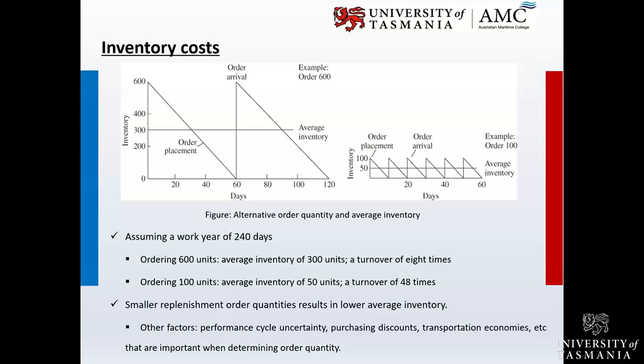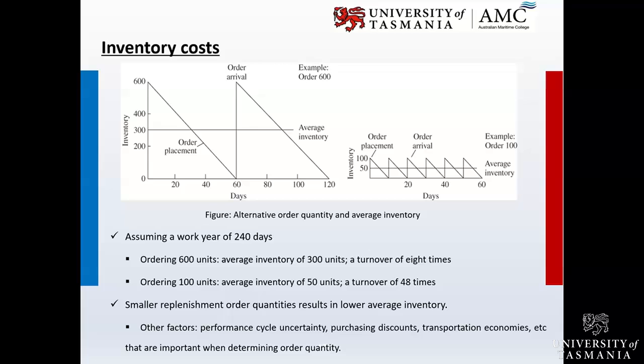And the average inventory is 300. So the turnover will be 2400 divided by 300, so it will be 8. So the turnover is 8.